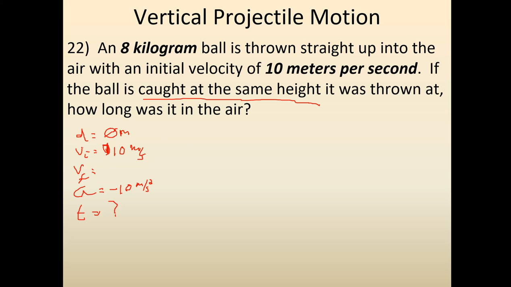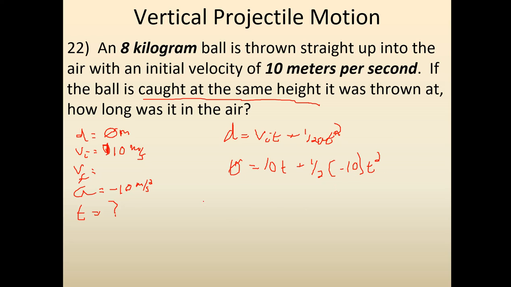From here, d, vi, a, t, that's the magic d again. Plug the numbers in, and we end up getting 0 equals 10t plus 1/2 negative 10 t squared.